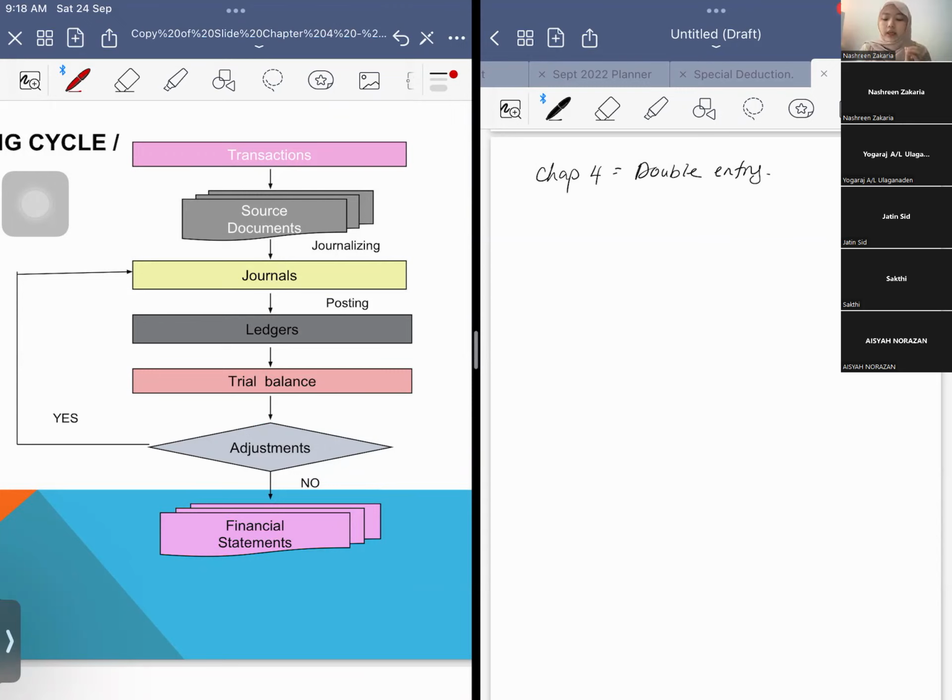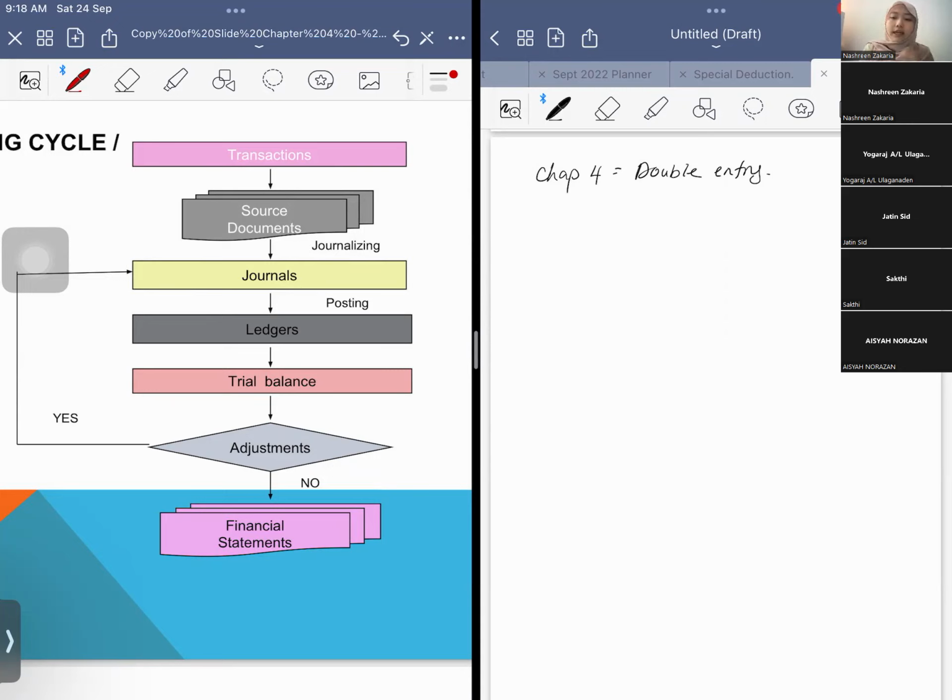And from one transaction, you need to identify the source of document. In every transaction, there will be a source of document. For example, Jatin bought a pencil in a stationery shop, of course Jatin will receive a receipt as a source of document, right?